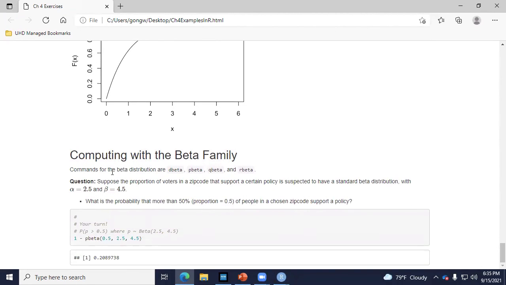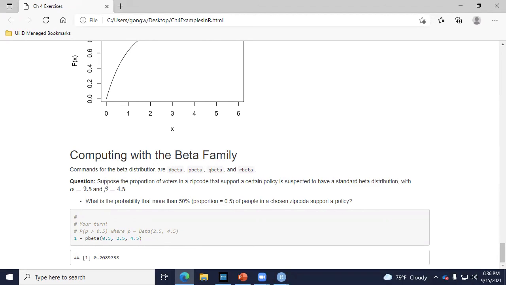And this is just a very short example for the beta family. I probably forgot to mention the beta family are mostly common for modeling proportion, probability, some kind of rate.